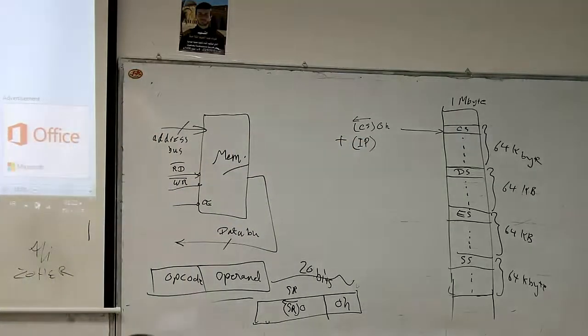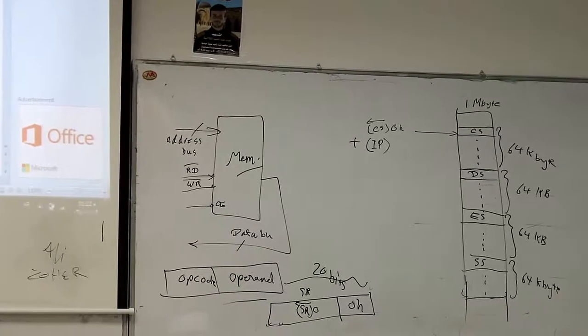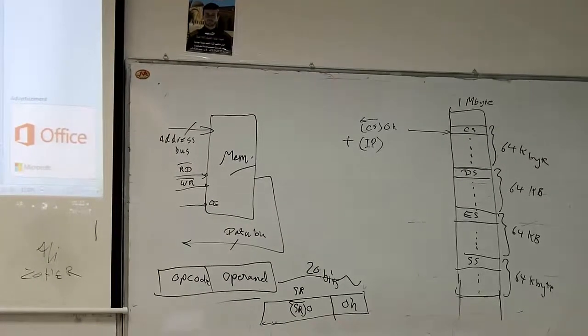The instruction pointer always works with the code segment, because the code is the program, meaning the instructions. So we need to point to the instruction inside the segment. So it is plus IP.